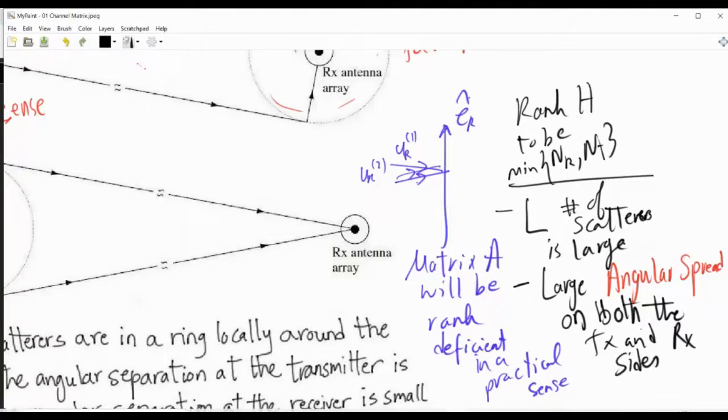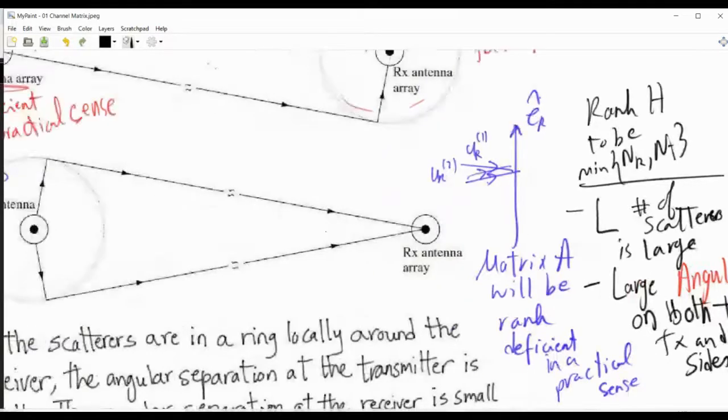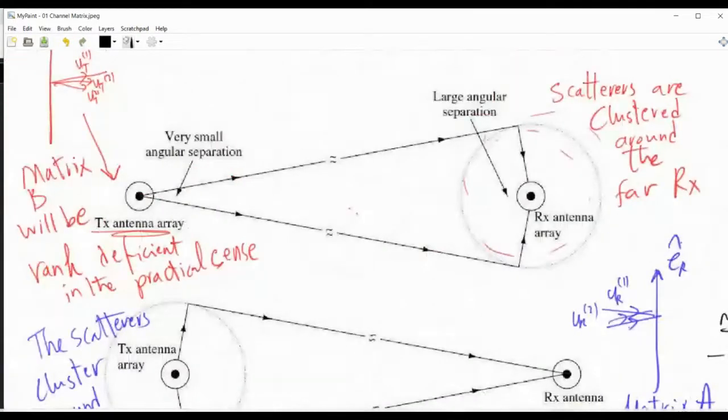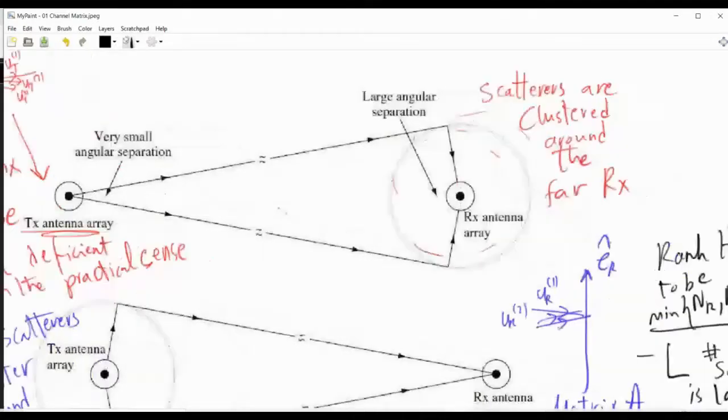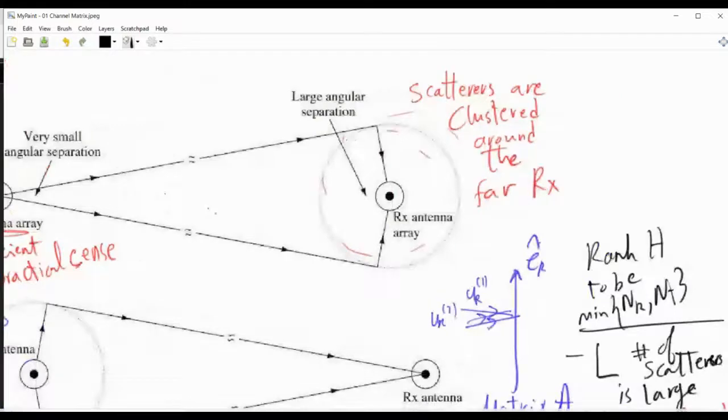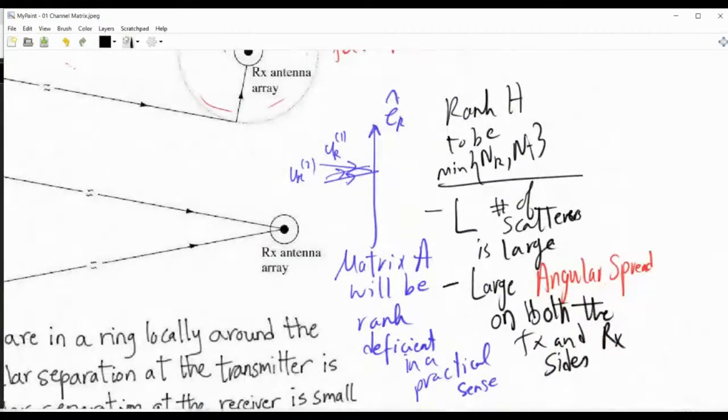Which means that you receive along directions that are far from one another. If you receive your signal from a narrow angle, or if the signal comes from a narrow angle on the transmit side, then you will face a problem with either matrix A or matrix B, and in both cases you will have trouble with matrix H. So we need large angular spread.